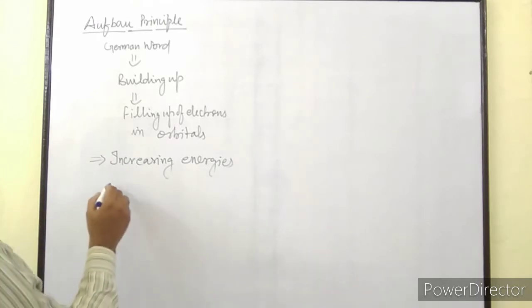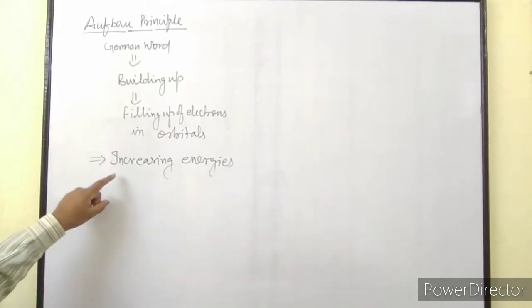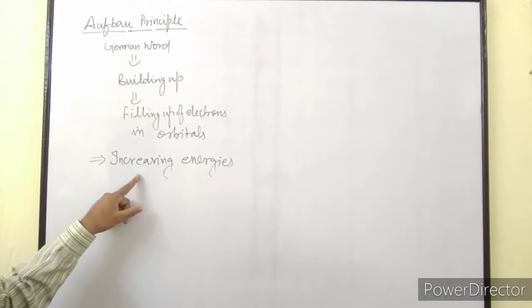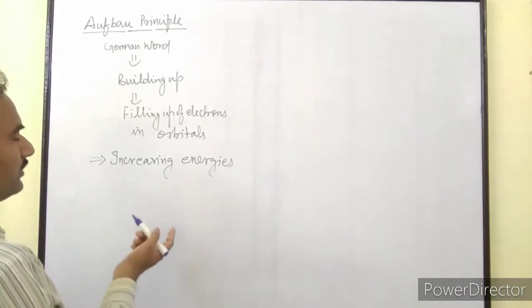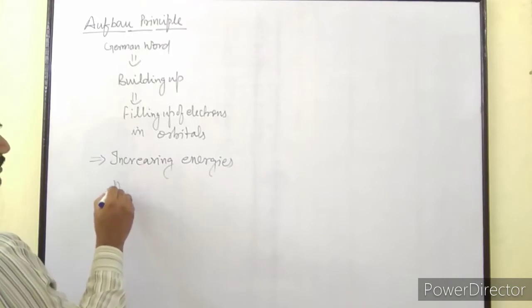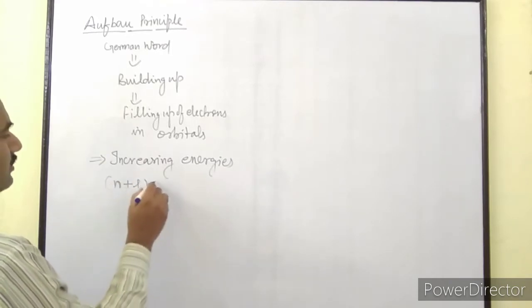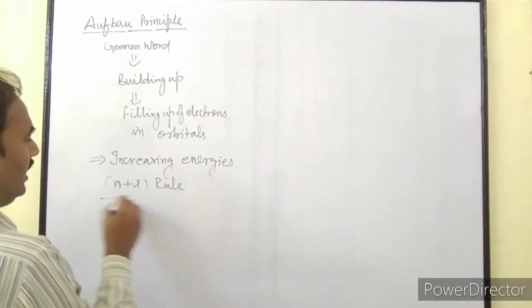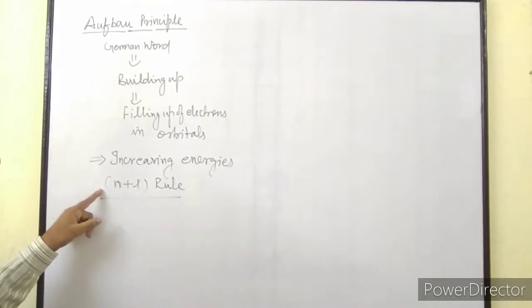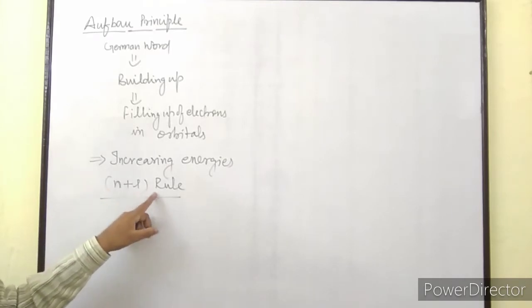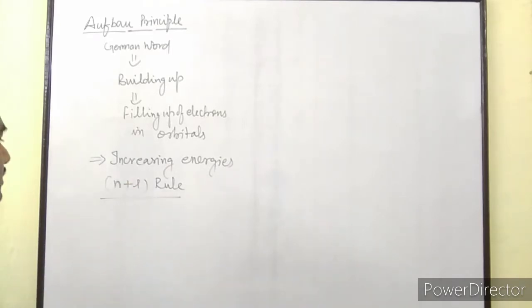So how we can find the energy of orbitals? For finding the energy of orbitals, there is n plus L rule. By this rule we can find the energy of orbitals, means which orbital has lower energy and which orbital has higher energy.